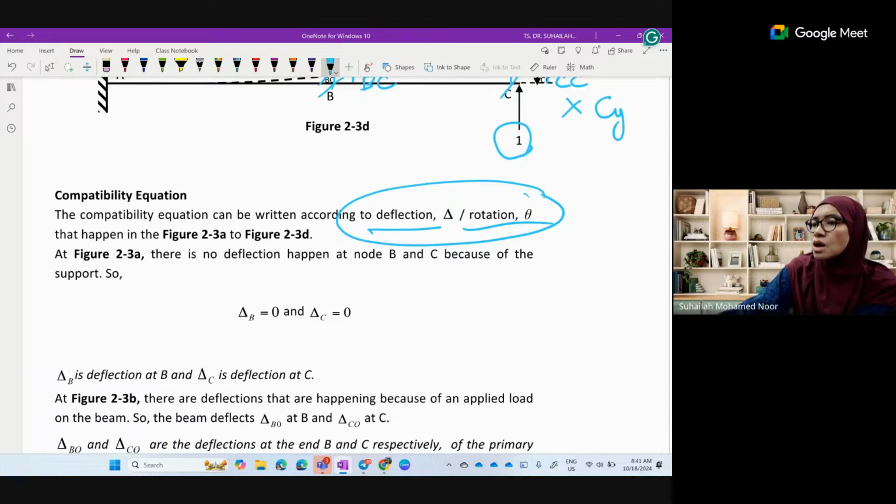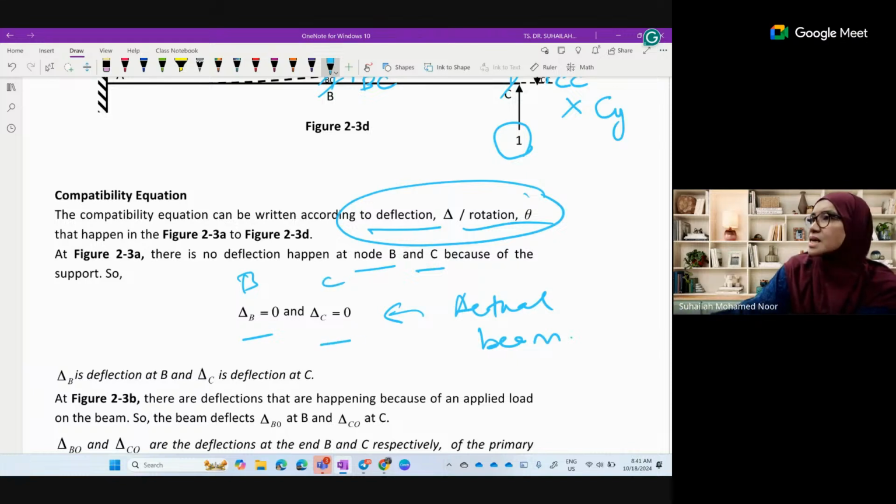So for this case we will be referring to B and C. So yang ni, this is what happened in actual beam, betul? In actual beam at point B, delta B is 0, at point C, delta C is 0, because of the support. Original condition, there are roller supports at B and at C.